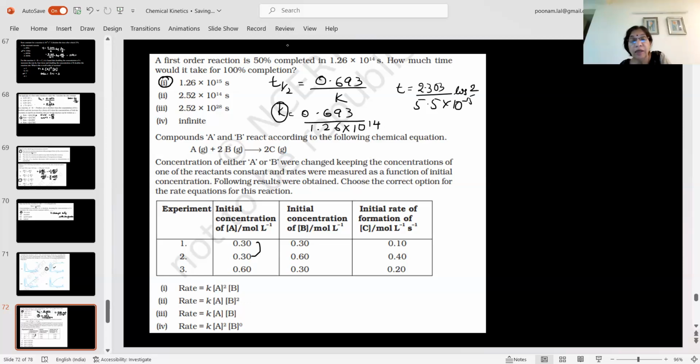And then when I keep the concentration of B constant and I double the concentration of A, the rate also becomes double. So the rate law is rate = K [A] [B] raised to 2. So most questions are of this type. You should be able to figure it out.